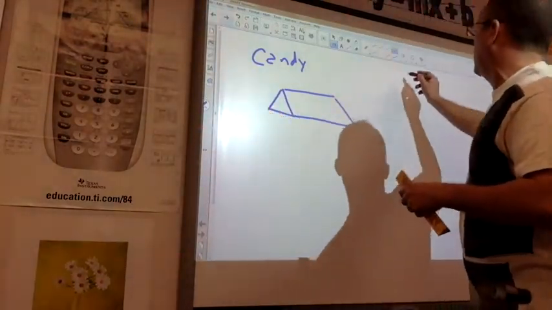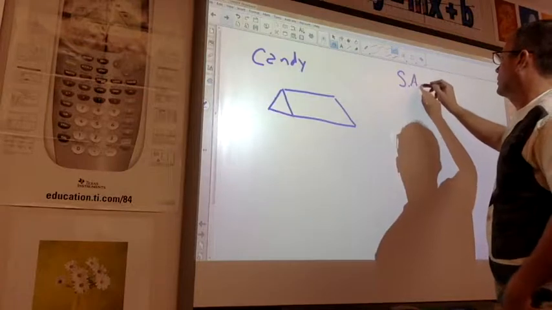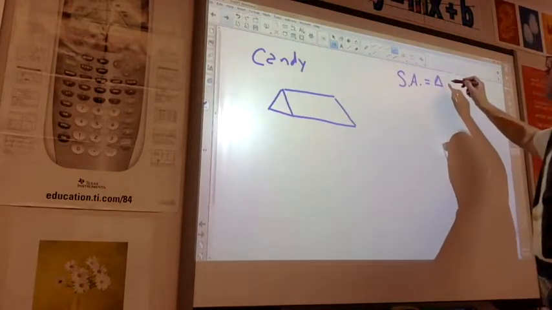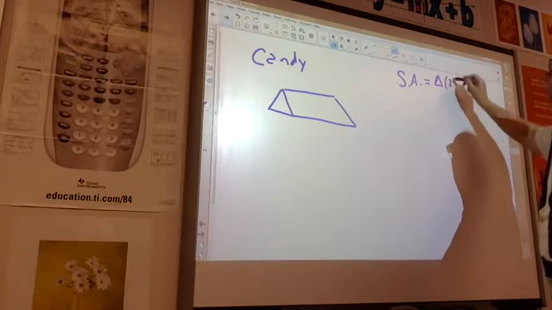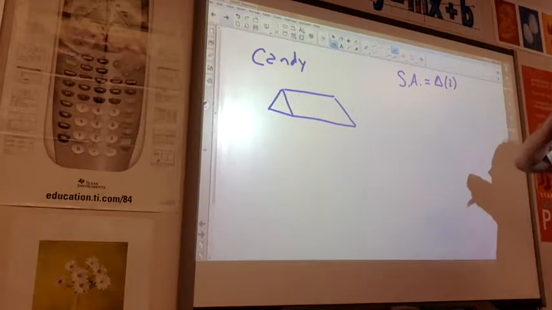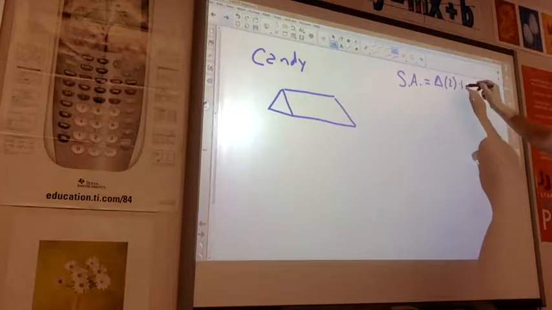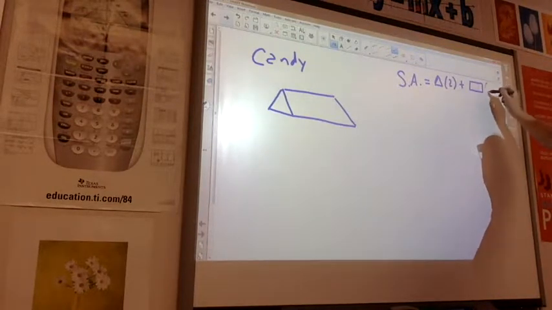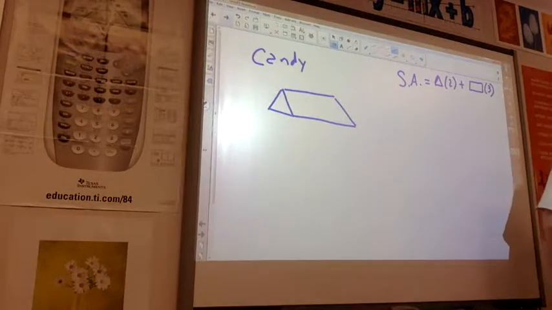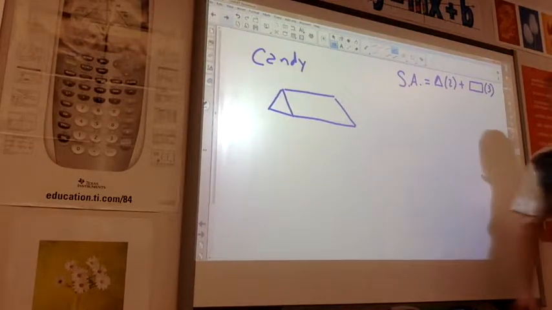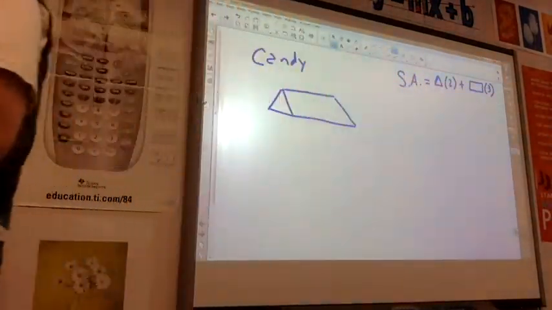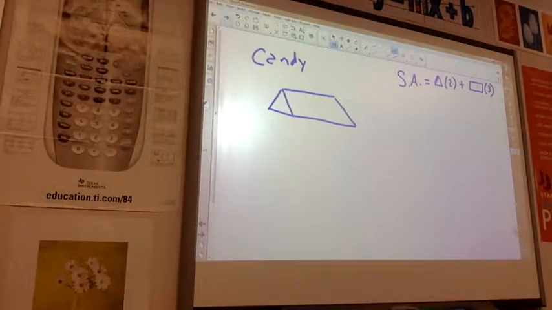I know that the surface area is going to be the triangle times 2, because I have a top and a bottom, right? Plus how many rectangles? 3. Yeah, 3 rectangles. A few things about the definitions of prisms versus pyramids, or just the bases.